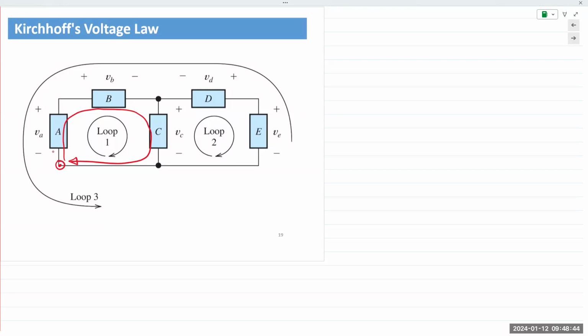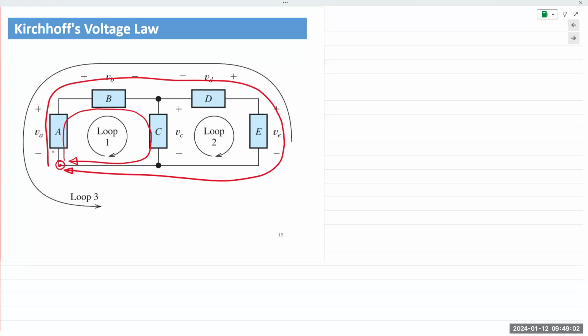If we start at the bottom left corner and we keep going, there is another pathway to come back to that same point of origin. And so that is loop 3 in this example. And then, of course, we have the other junction, the other node. Now, my preference is always to start at the bottom left corner, but it doesn't really matter where you start.